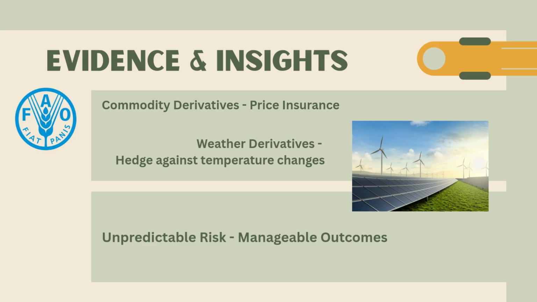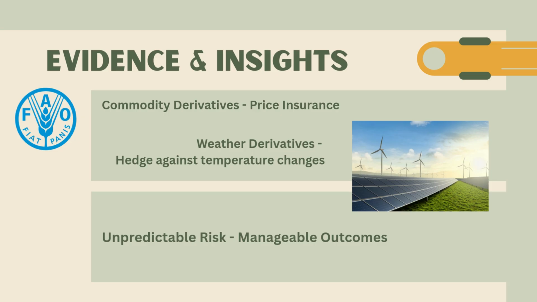I found some interesting evidence while researching. For example, the Food and Agriculture Organization has studied how governments can use commodity derivatives as price insurance to reduce food price volatility. Energy companies have also used weather derivatives to hedge against temperature changes, showing that the concept is feasible in real markets.